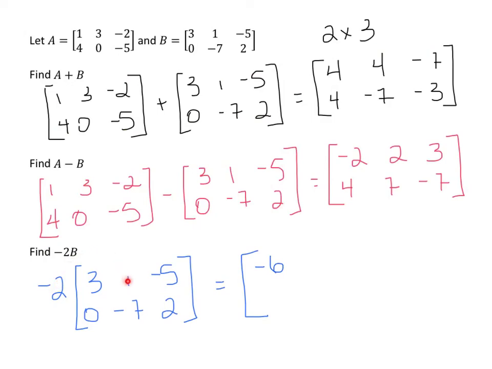Negative 2 times 1 is negative 2. Negative 2 times negative 5 is positive 10. Negative 2 times 0 is 0. Negative 2 times negative 7 is 14. Negative 2 times 2 is negative 4.